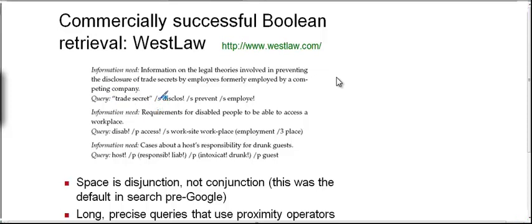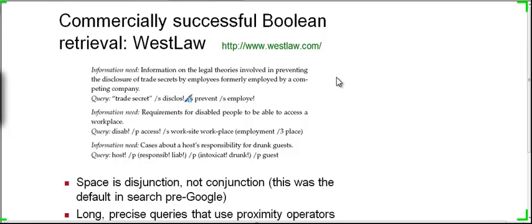So this slash s is a formal notation saying I want documents which contain this phrase trade secret in the same sentence as a word starting with disclos, right? And this exclamation mark is basically like a wildcard character.